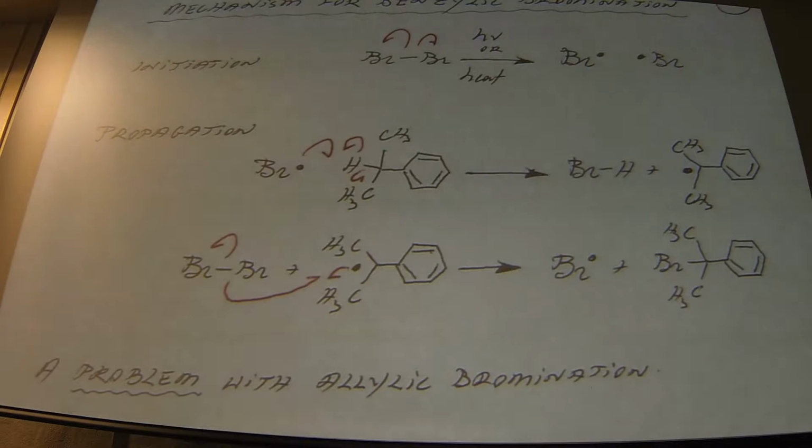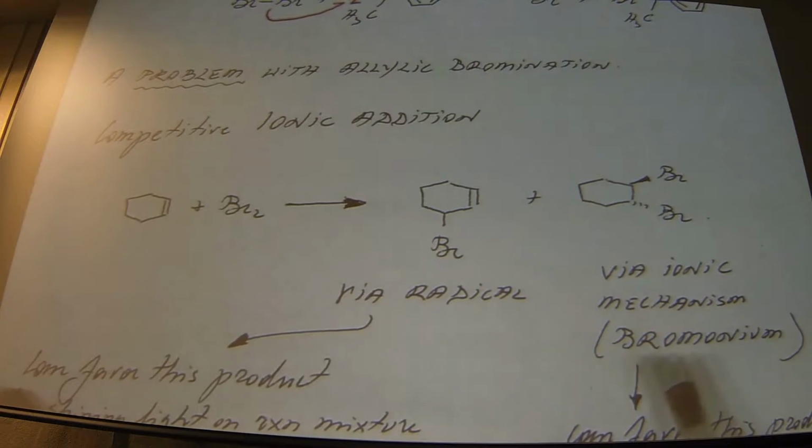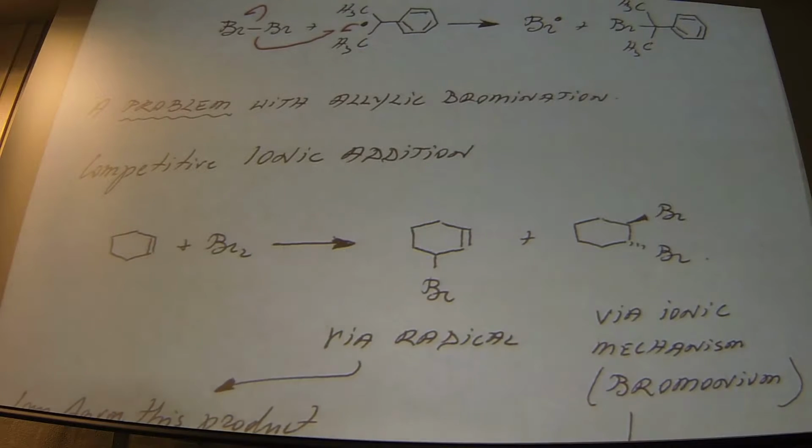The situation is very different when you start looking at allylic bromination. So we know already that bromine requires no catalyst to do an addition to cyclohexene. So if I throw cyclohexene in with bromine, then the question is, well, gee, what's going to happen?